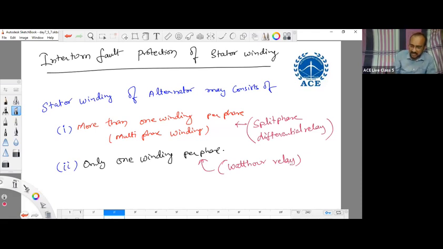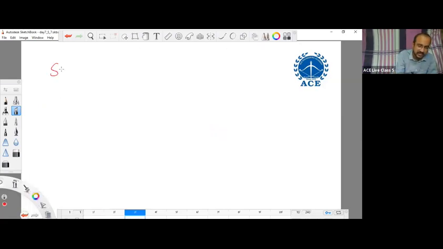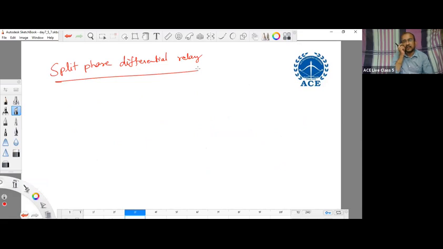Now let us see how the multi-phase winding is protected. The split phase differential relay is implemented for protection of the stator winding of the alternator from interturn faults.